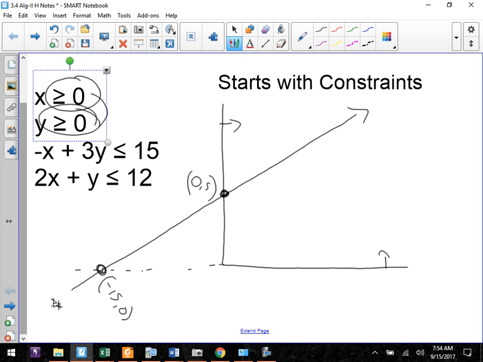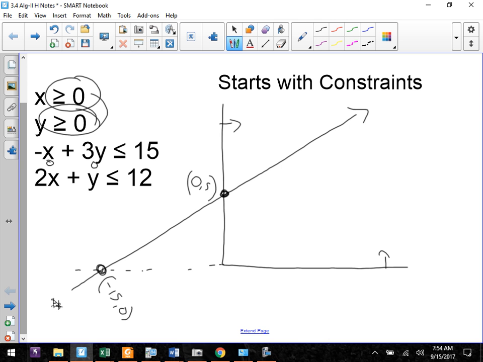According to the first two constraints, x is greater than or equal to 0 and y is greater than or equal to 0, I don't have to worry about any of that graph that fell into the second quadrant. That's what that means. But now I have to figure out what side to shade. So I still do the same test point idea. What's 0 plus 0? 0.